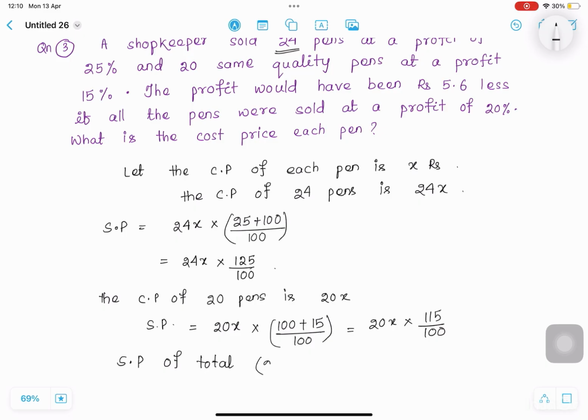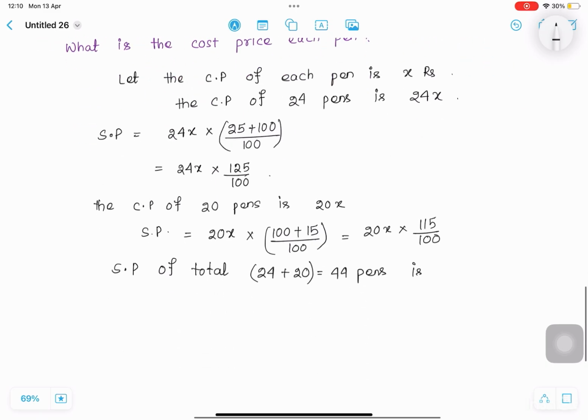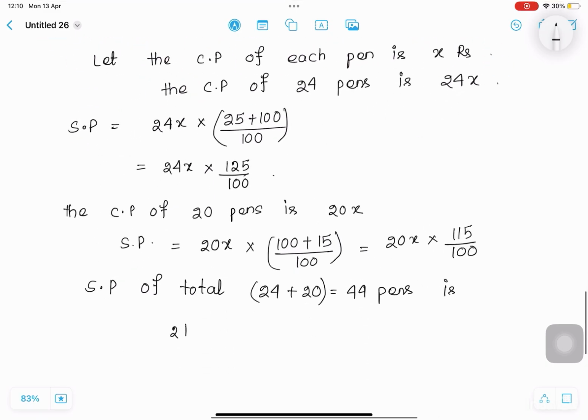So total selling price for the 44 pens will be how much? 24x into 125 by 100 plus 20x into 115 by 100.